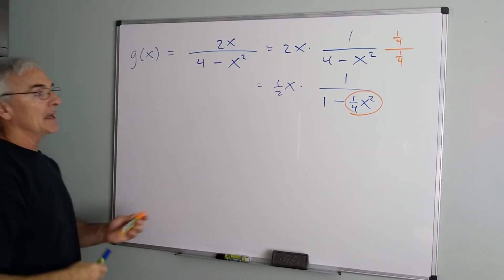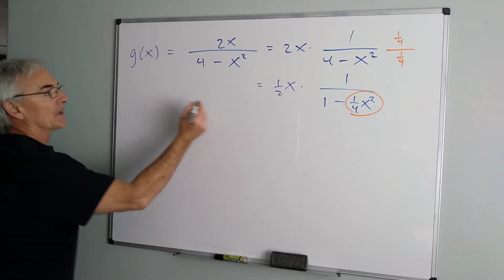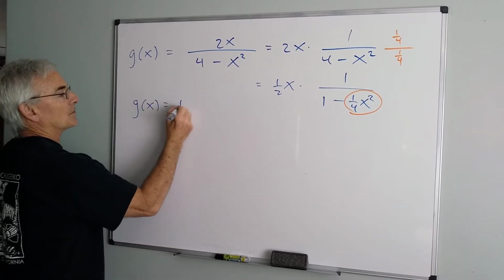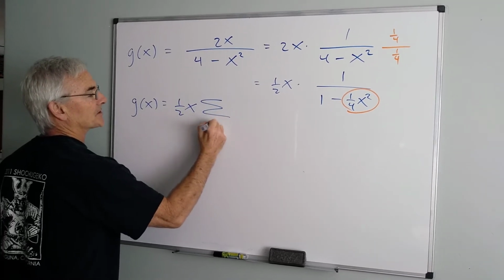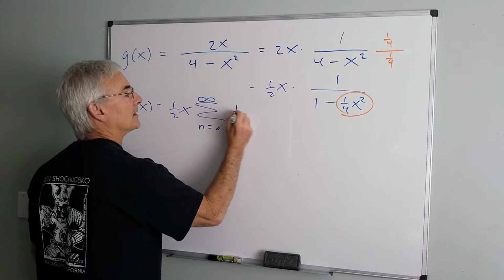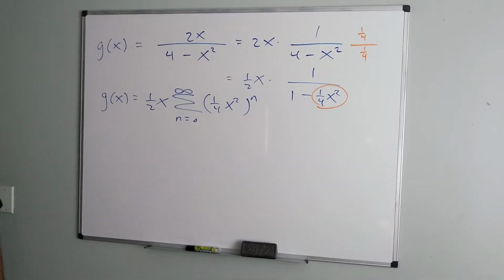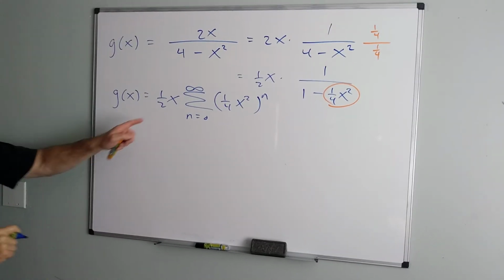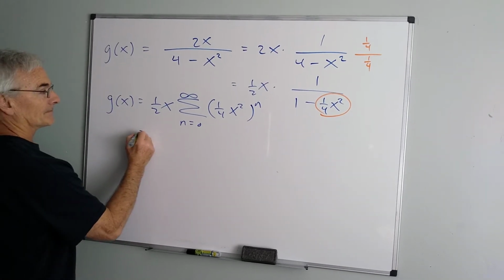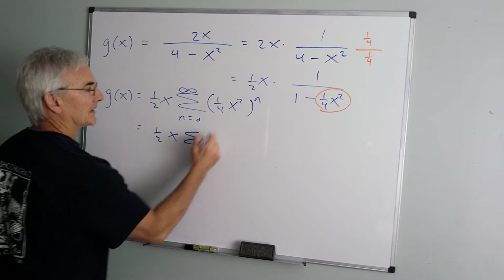So I can say the power series for this is just going along as a coefficient. So I can write the power series as g of x equals 1/2 x times the sum, 0 to infinity, of this quantity right here, raised to the nth power. Now what I need to do is manipulate that, but because I can multiply this inside the power series, I'm going to find that I get, first of all, let's go ahead and expand this.